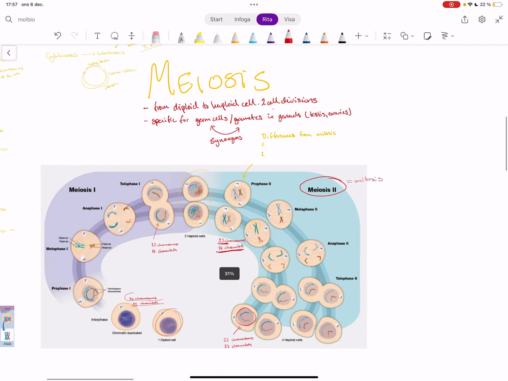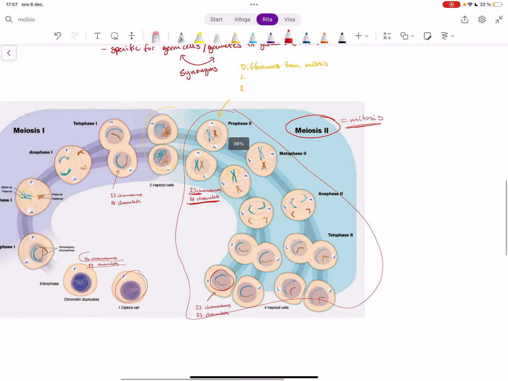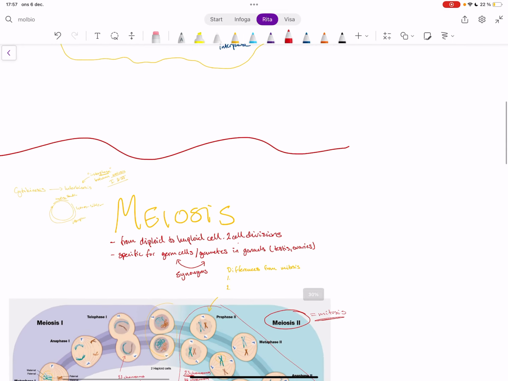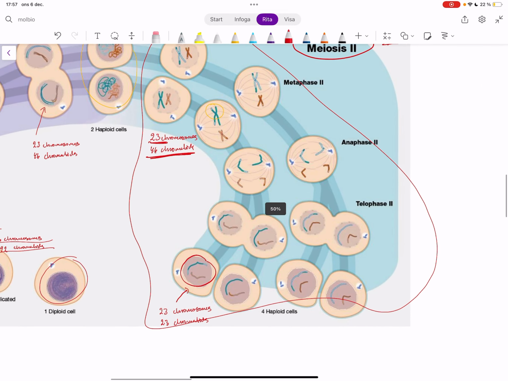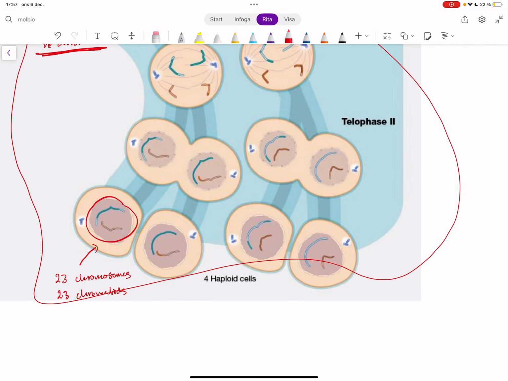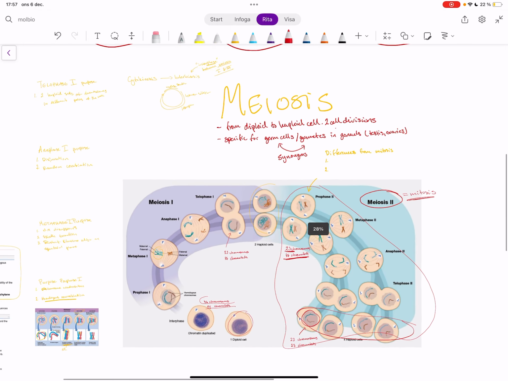Otherwise, this whole process is exactly the same as mitosis. But at the end you will get 23 chromosomes and 23 chromatids, and you will get 4 haploid cells. And that is meiosis.